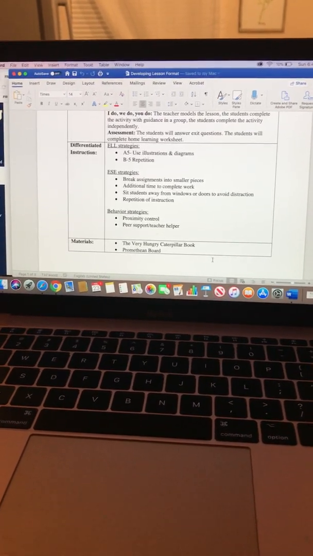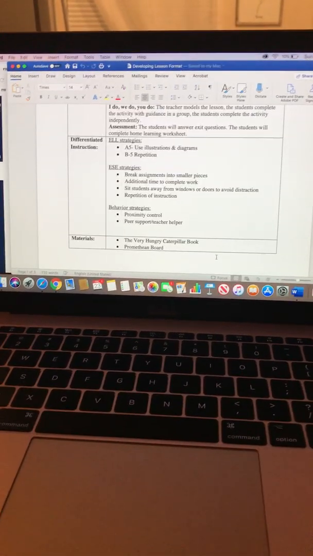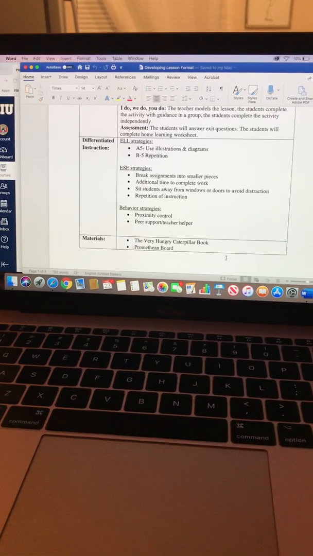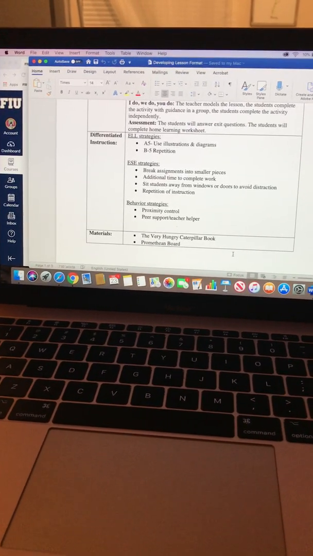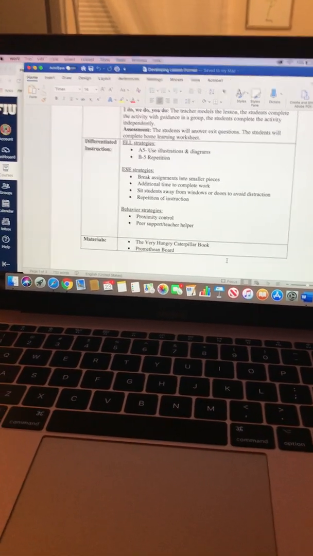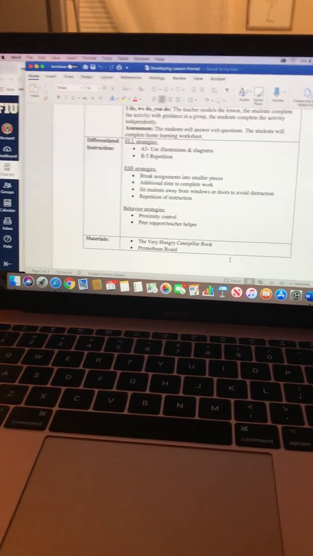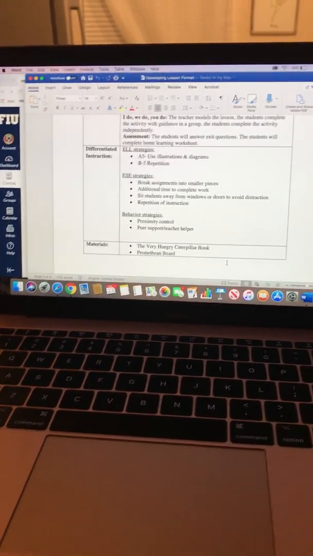Now for those students with behavior issues, those would be a behavior individualized plan, so those BIPs. Proximity control is a really big one. You want to always make sure that you're monitoring the classroom, walking around, redirecting those students. Proximity control is always standing really close to those behavior kids so they know that you're on top of them and you're watching them.